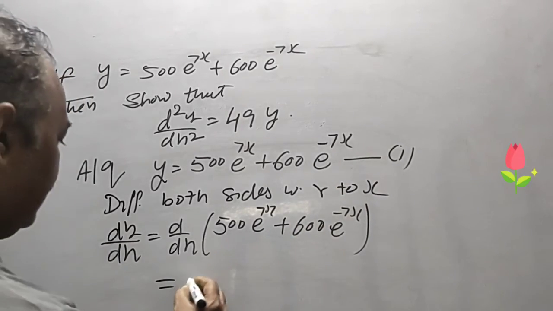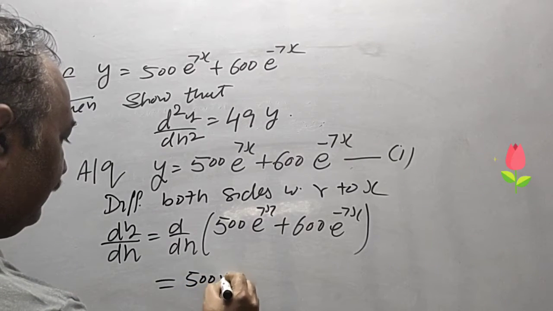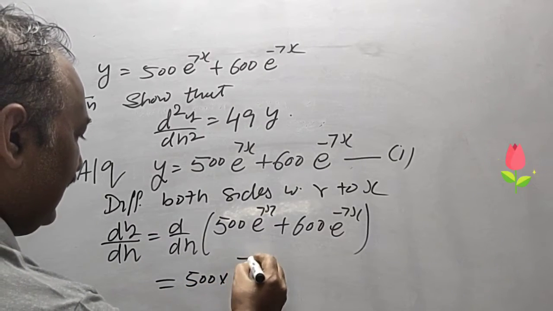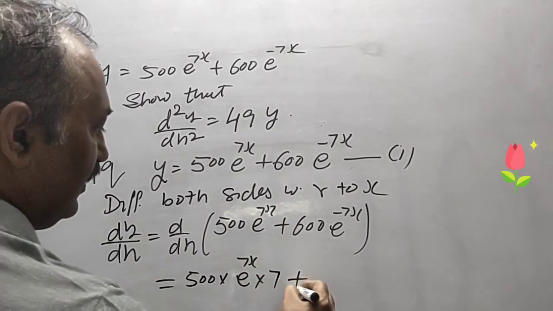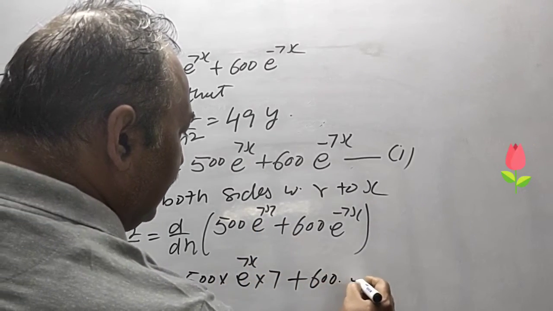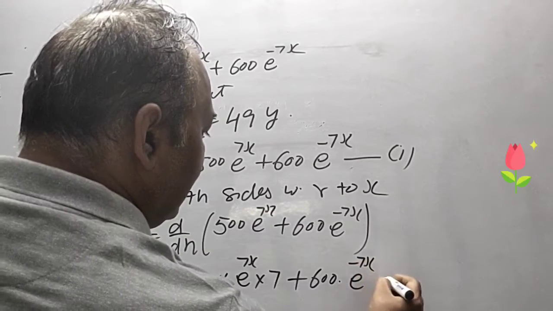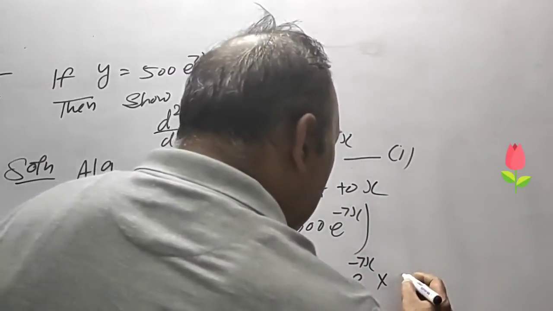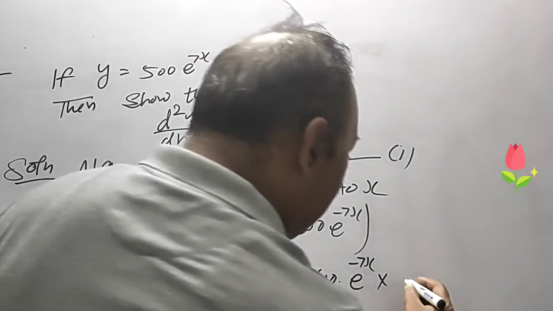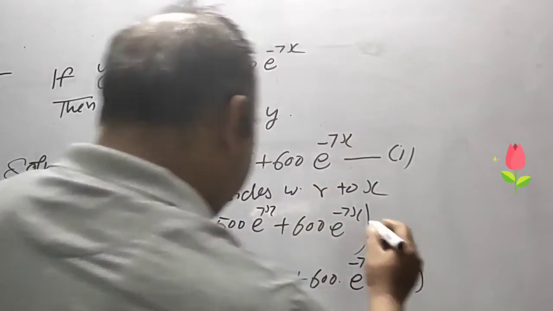And it becomes 500 into e raised to power 7x, further derivative of 7x, that is 7, plus 600 into e raised to power minus 7x and multiplied by further derivative of minus 7x, that is minus 7.